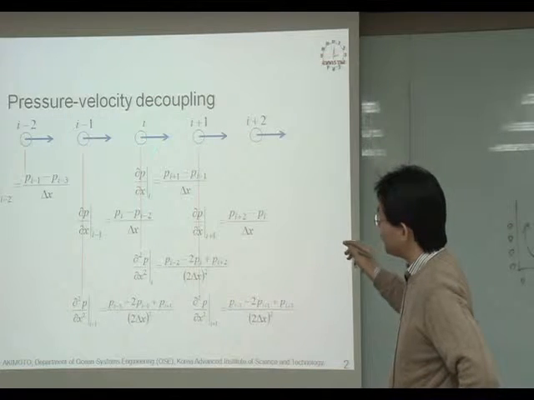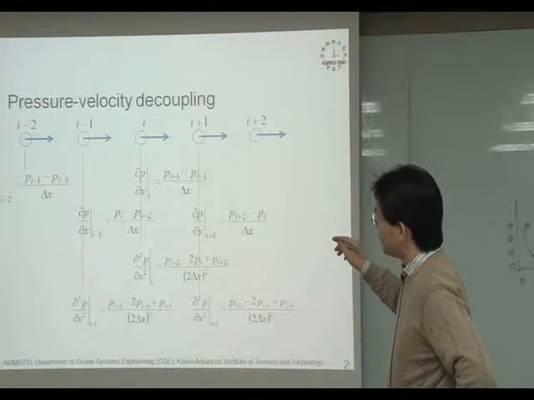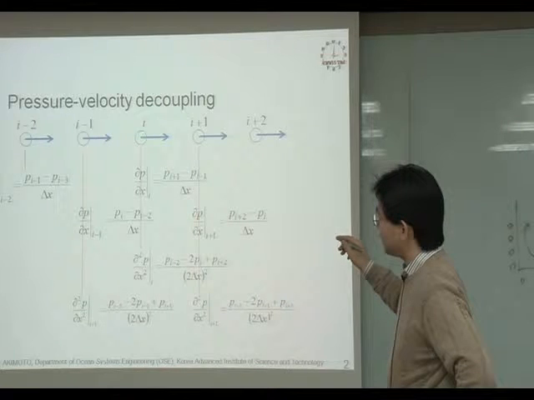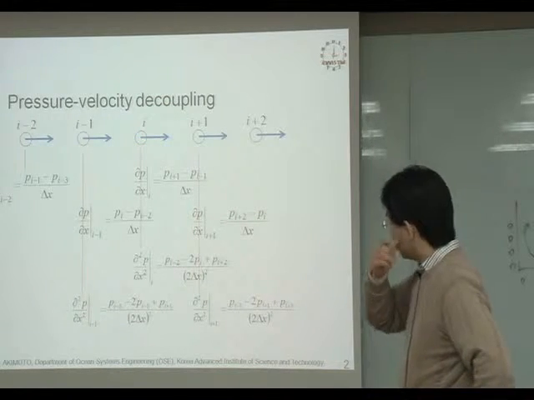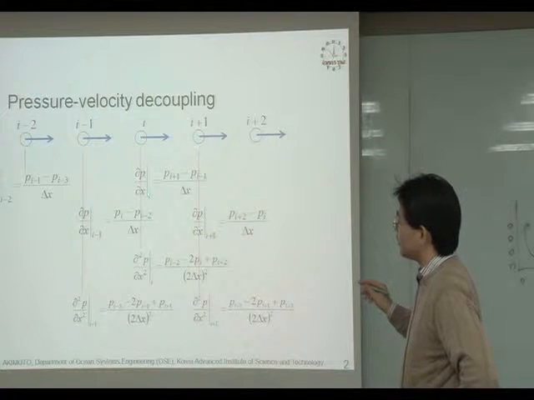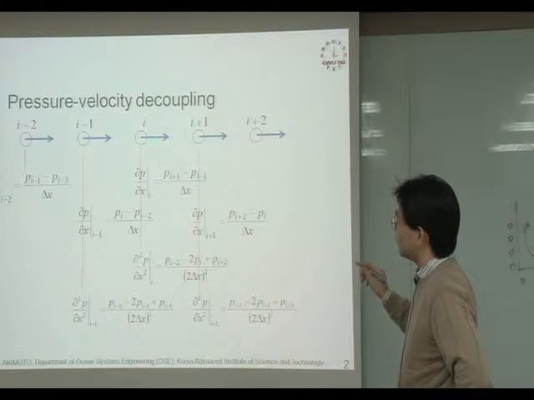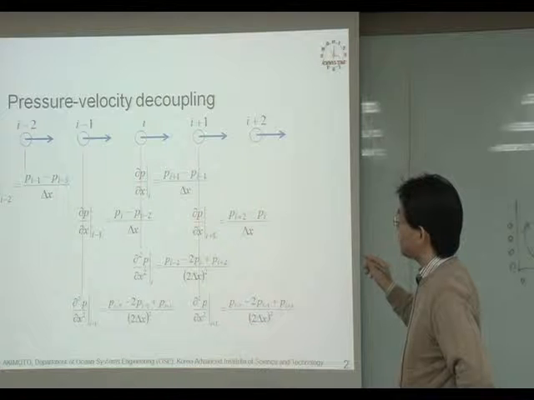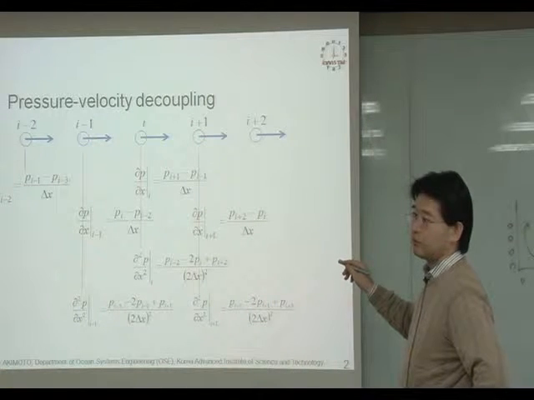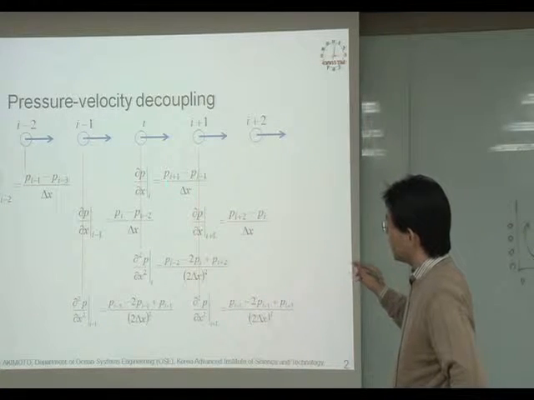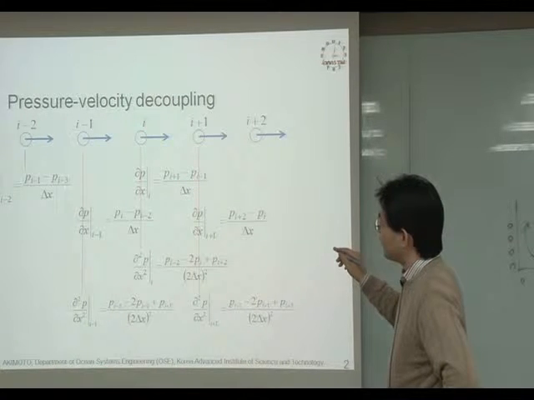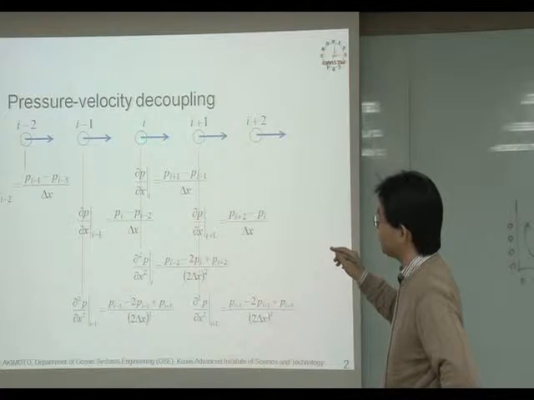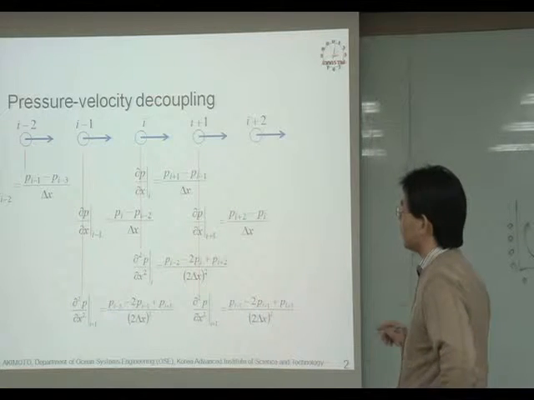We have information of this point, but I cannot use this one because the calculation of the gradient is i+1 minus i-1. So this variation does not contain the pressure information of this point.